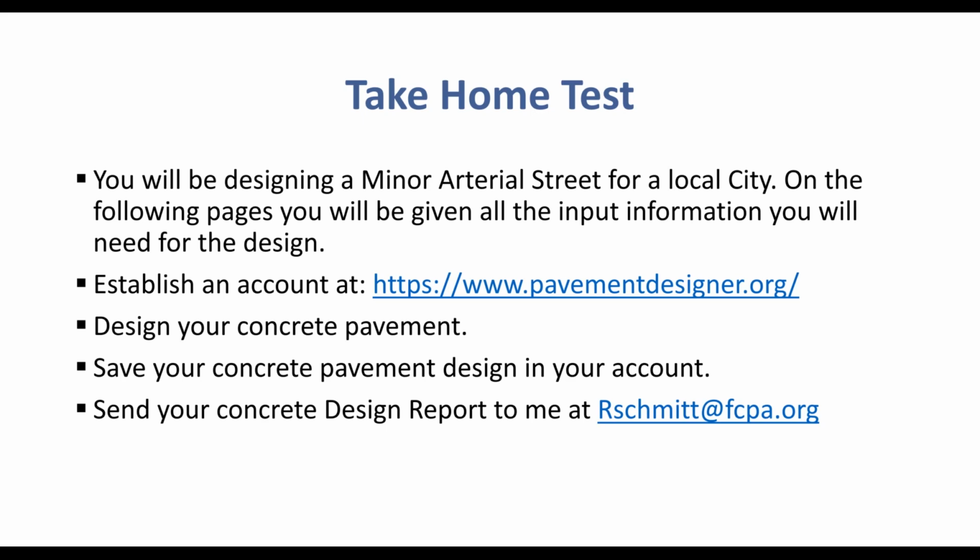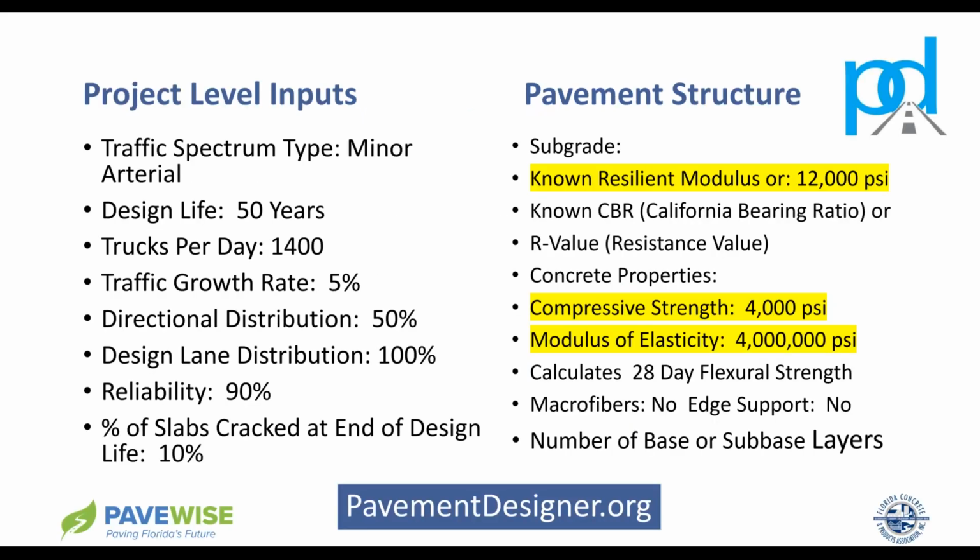Now let's look and see what information I'm going to give you. I'm going to give you everything: project level inputs and pavement structure. Here we go. The traffic spectrum type is minor arterial. So this is a little bit more than a residential street. I'm going to give you the design life of 50 years. There's 1,400 trucks per day. The traffic growth rate is 5%.